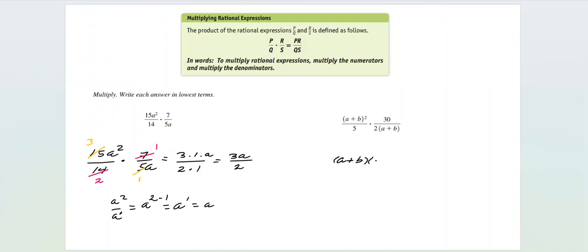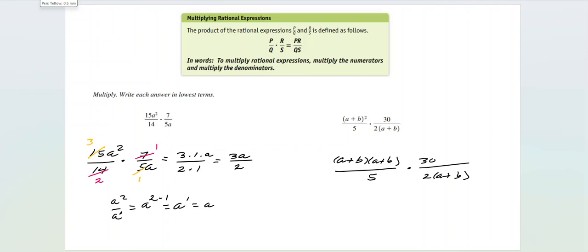So it's (a plus b) times (a plus b) over 5 times 30 over 2 times (a plus b). I decided in this case to write (a plus b) squared as (a plus b) times (a plus b) to help you realize that (a plus b) squared is the product of (a plus b) times itself.